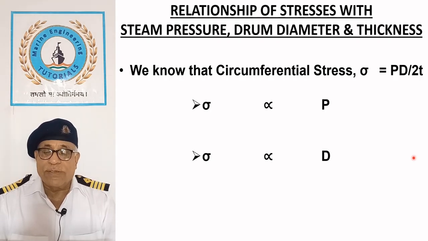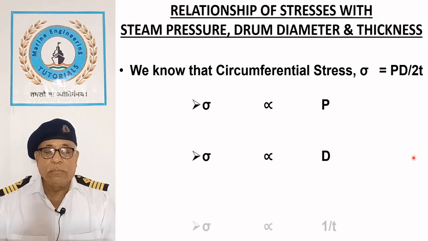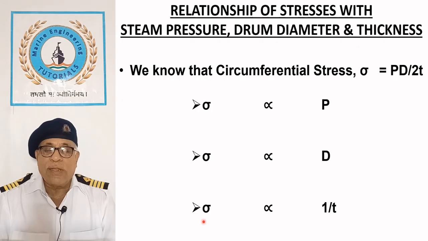To limit stresses, the furnace of a smoke tube boiler must be made compact. Finally, since stress is inversely proportional to thickness, the drum should have sufficient wall thickness to safely withstand the steam pressure.